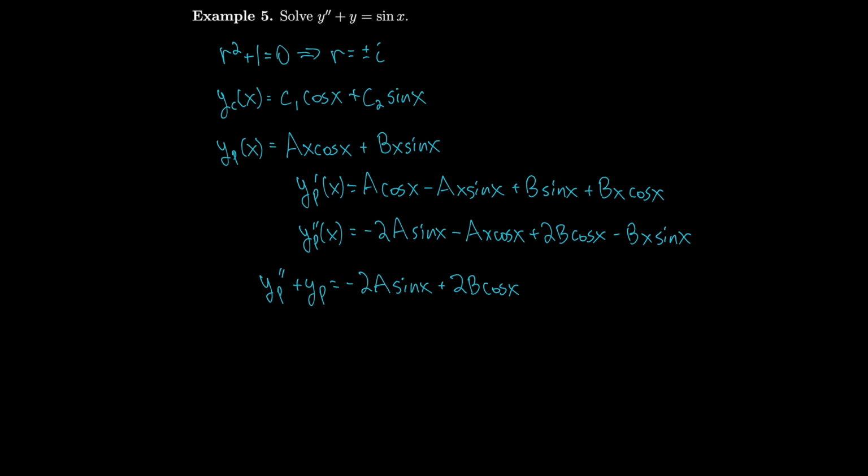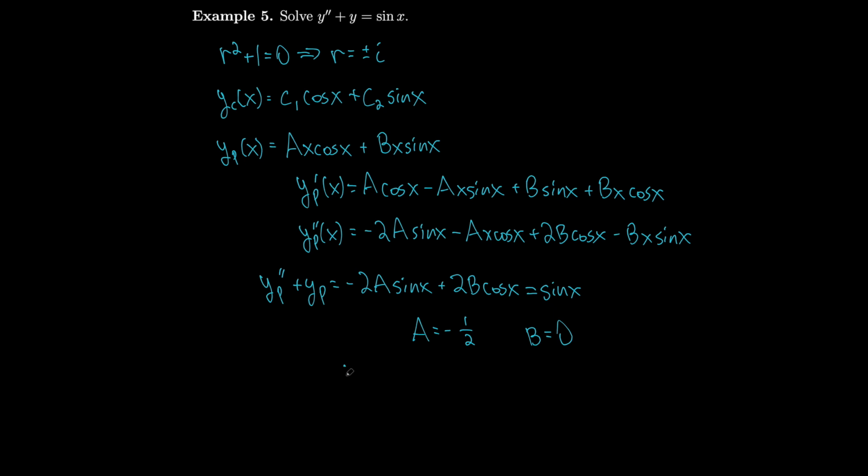So this should equal sine x, according to what we were given. So that means that, let's say we've got 1 sine x on the right, so this must be 1. We've got 0 cosine x on the left, so this must be 0. So that means that a must be minus 1/2 and b must be 0.